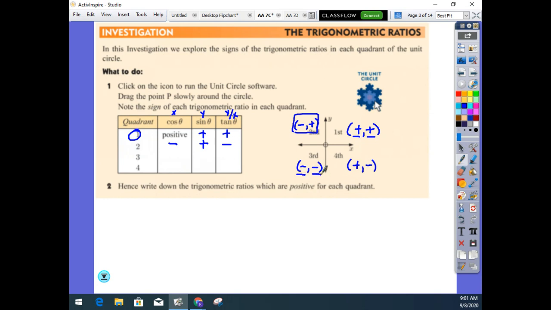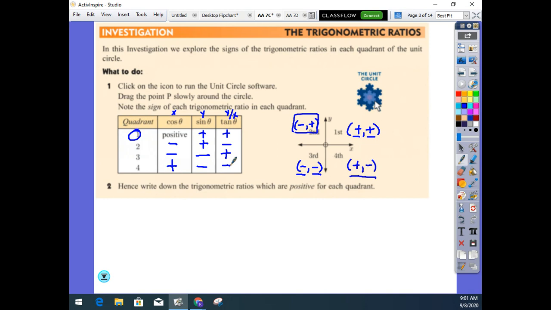X is negative, y is negative. So cosine is negative, sine is negative, but a negative divided by a negative is a positive. Try the fourth. X is positive, y is negative. Cosine is positive, sine is negative, and a negative divided by a positive is negative.